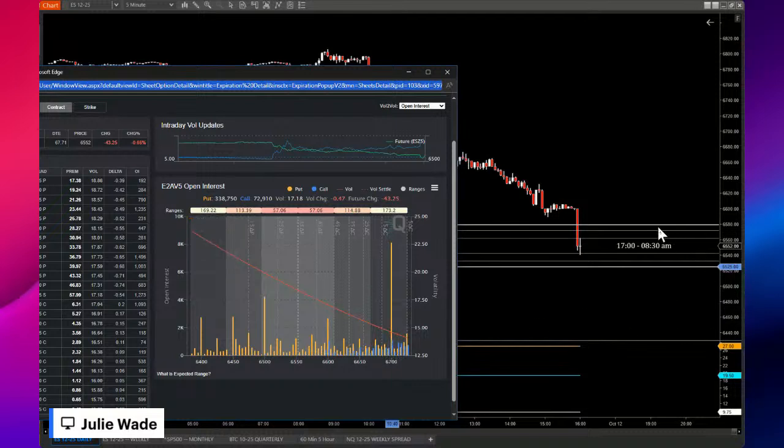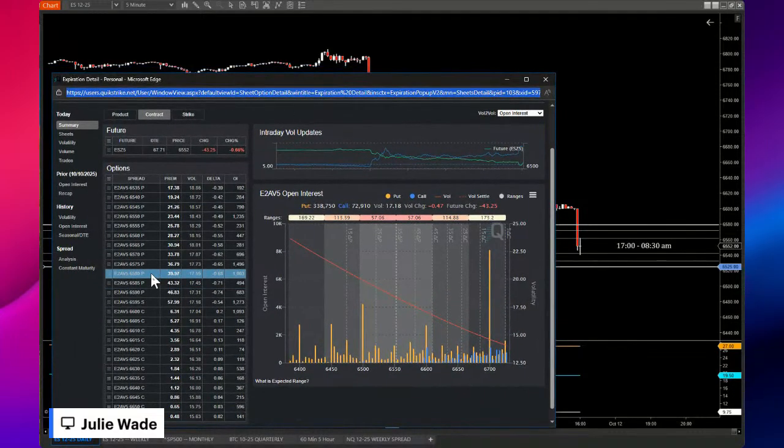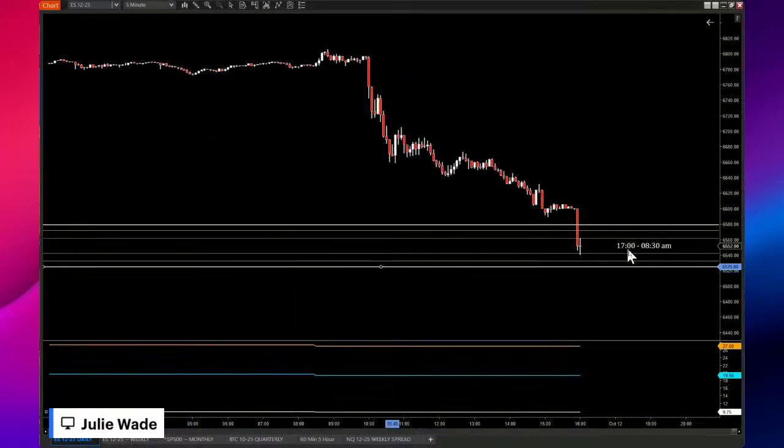So expect that break at 65.79 at the 35 delta and then go. Sound like a plan to you?